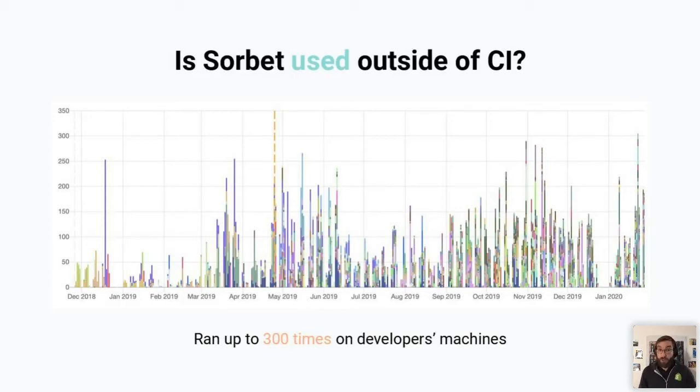And we have up to 300 times a day people running this command and enjoying the fast feedback loop of Sorbet directly on their developer machine without waiting for CI. So for us, it's super encouraging. People like the feedback loop, run it by themselves, and benefit from the types without seeing it too much as a constraint imposed in CI.